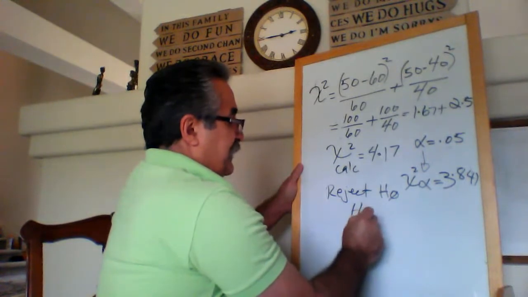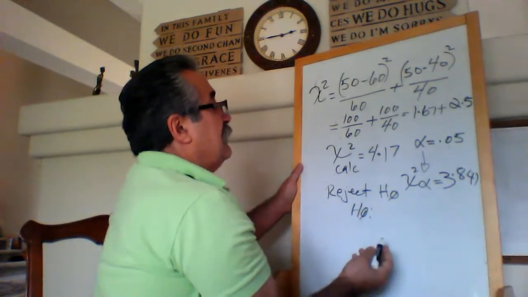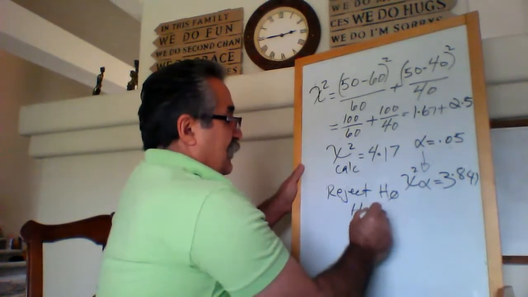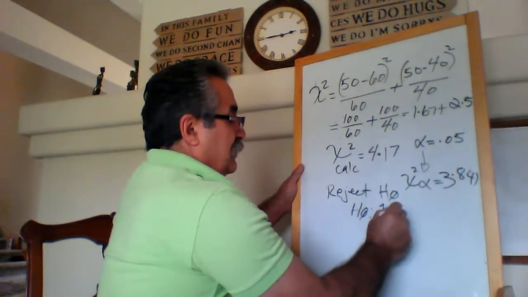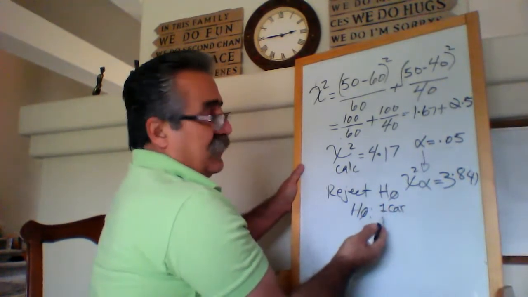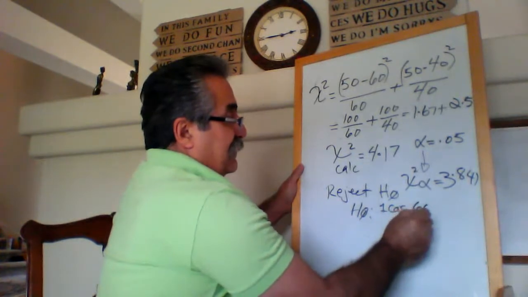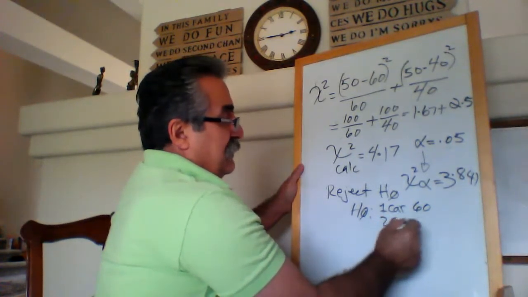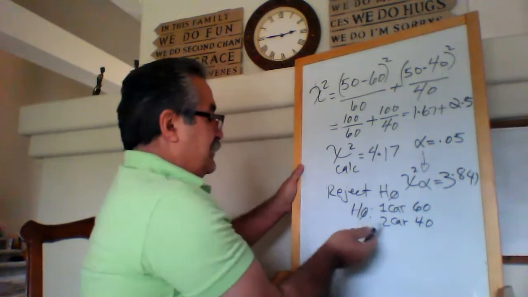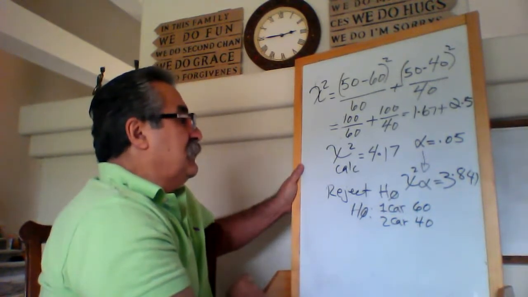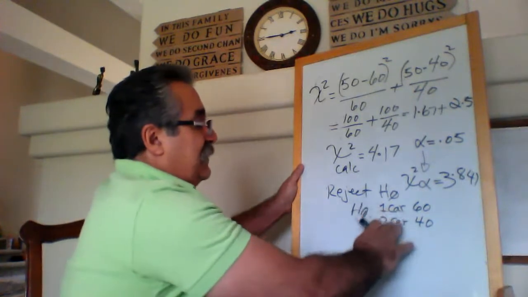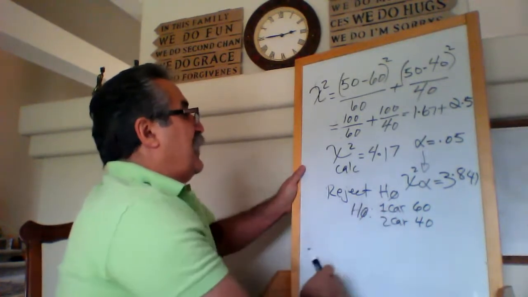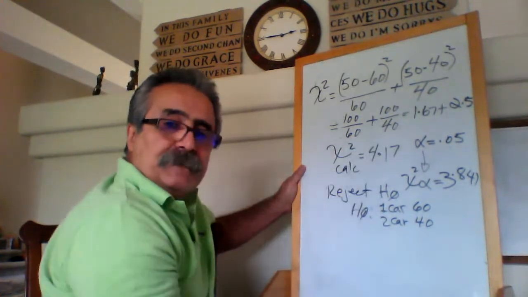H0 states that one car household, one car owners, that goes for 60%, and two car, 40%. This is the H0. So we say that this is not accepted in the area that we live in.